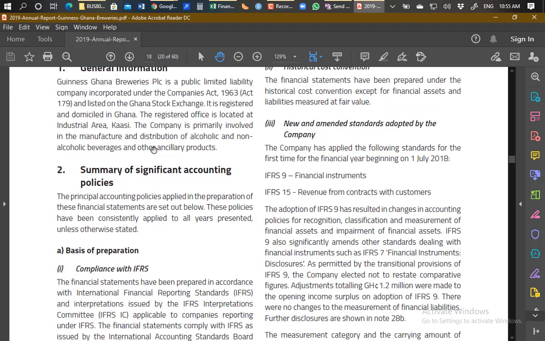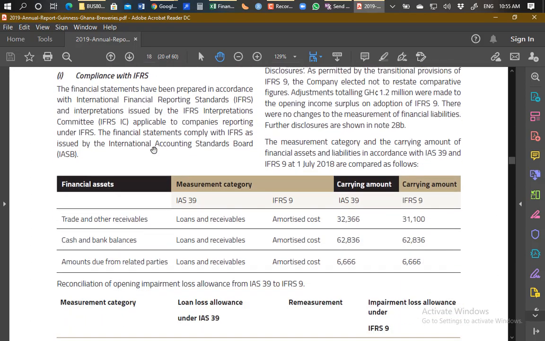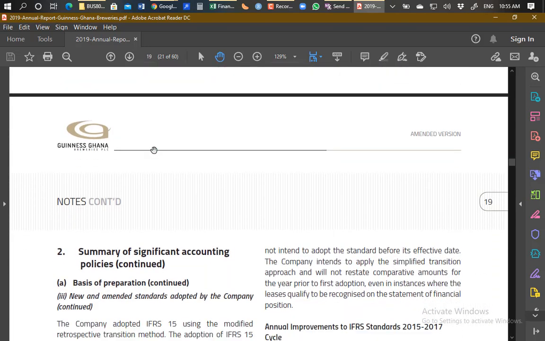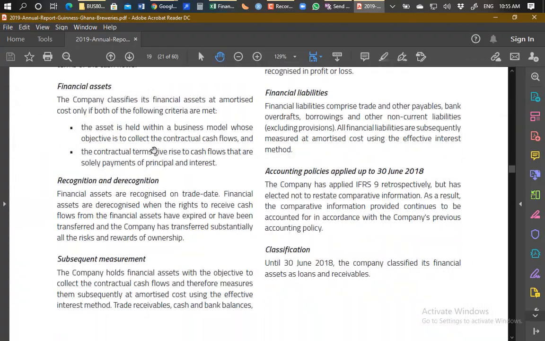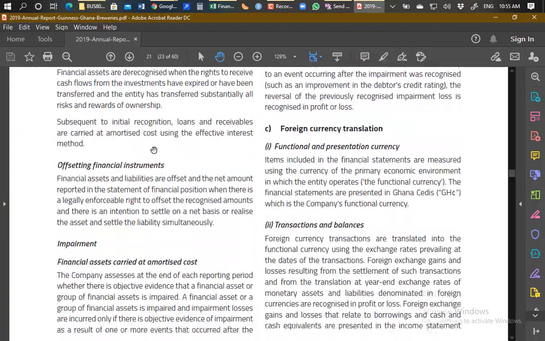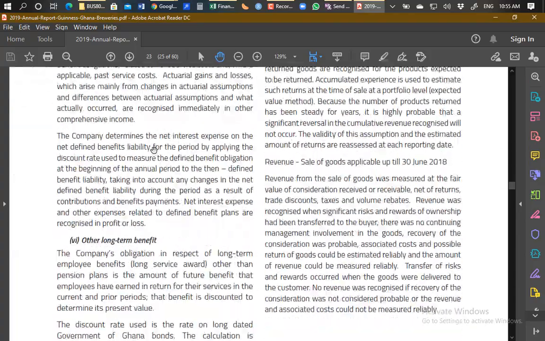Then you come to the actual note numbers. Okay, so these are all preliminary things. Actual note numbers. Let's go to note 6. If you go to note 6, you will see note 6 is talking about revenue. Let's try to see note 6.